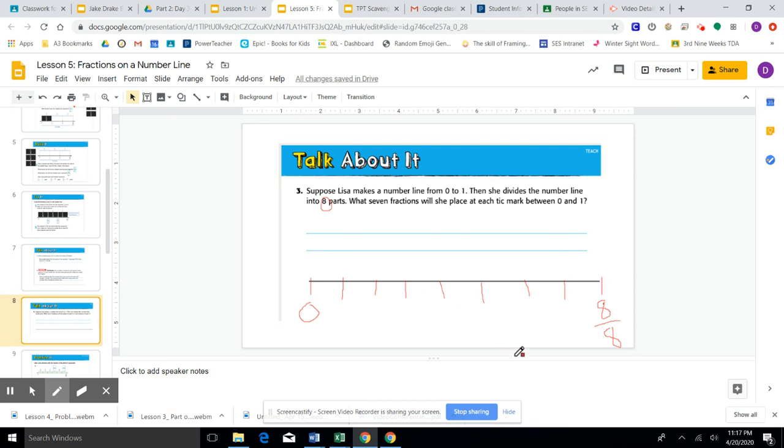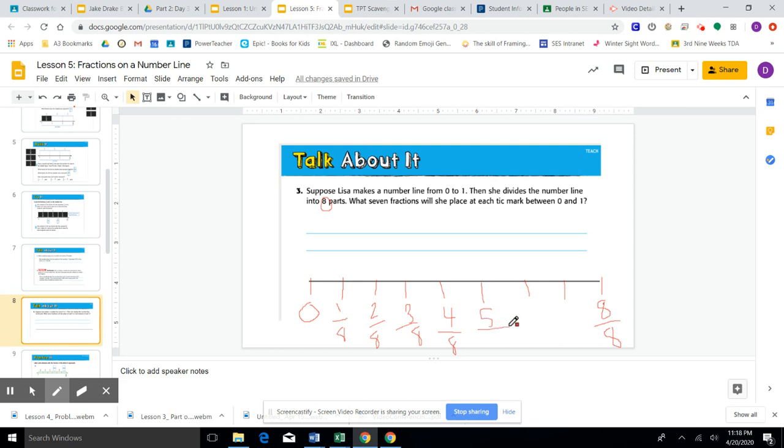So now I want to go back and write my fractions. 1/8, 2/8, 3/8, 4/8, okay, and I just keep going. So what 7 fractions will she place at each tick mark between 0 and 1? So I'm just counting. 1, 2, 3, 4. What do you think will come next?